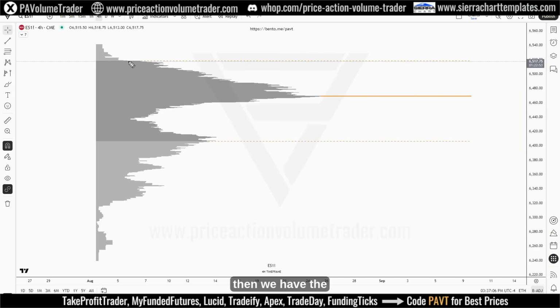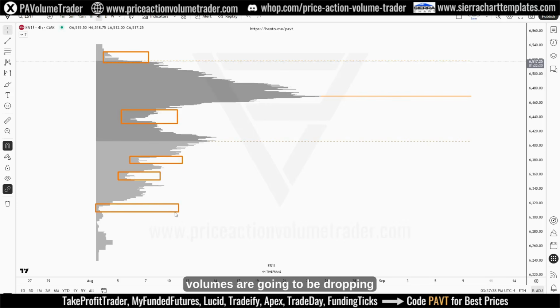Then we have the high volume nodes, which are the areas where we see volume accumulating and sticking out. Then we have our low volume node areas, which are basically the edges of the high volume nodes. These are the areas where volume drops off on the profile.